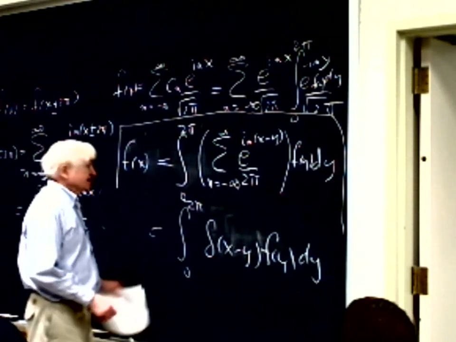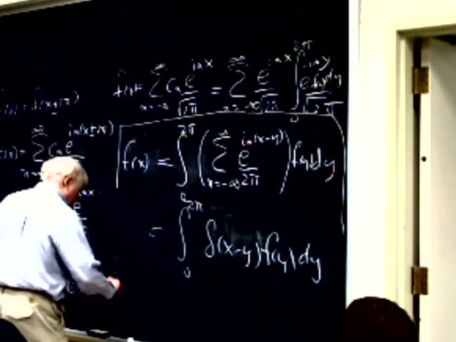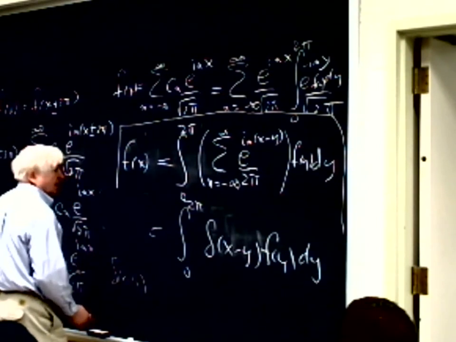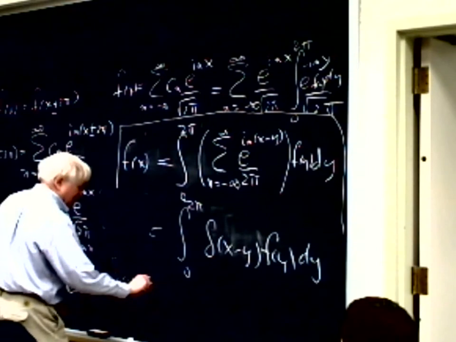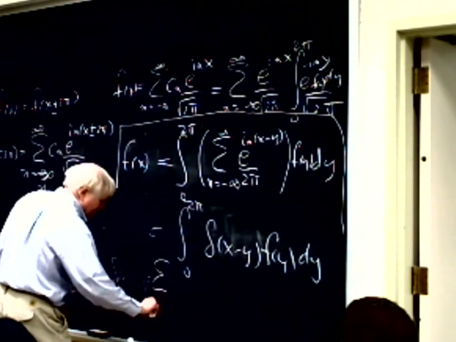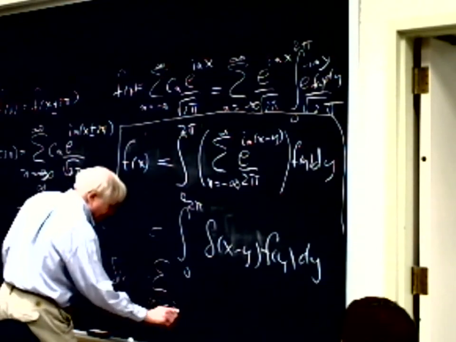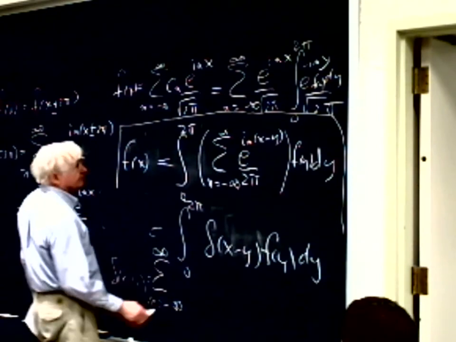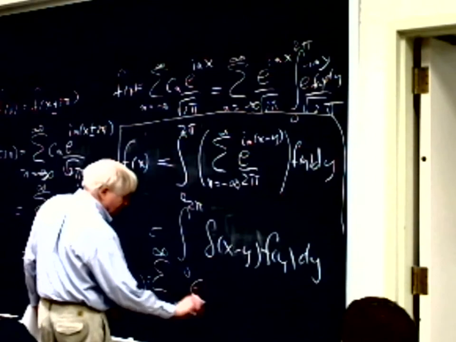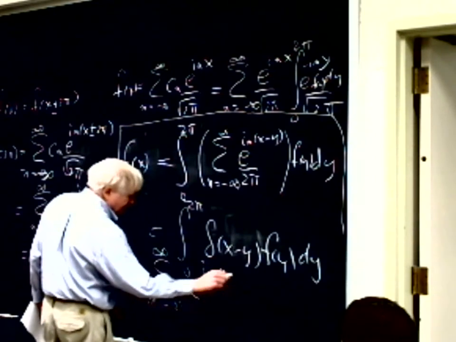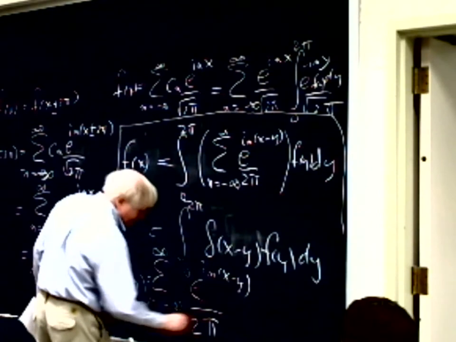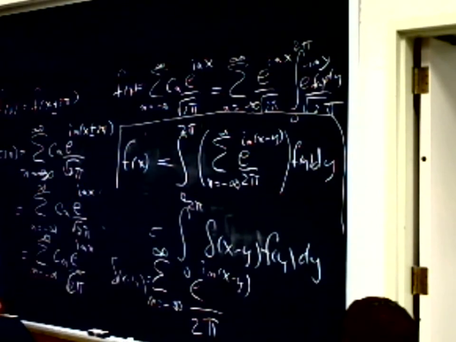So that means that the Dirac delta function, I'm sort of out of space here, should be represented as the sum n equals minus infinity to plus infinity of e to the i n x minus y over 2 pi. So that's an expression for the delta function.